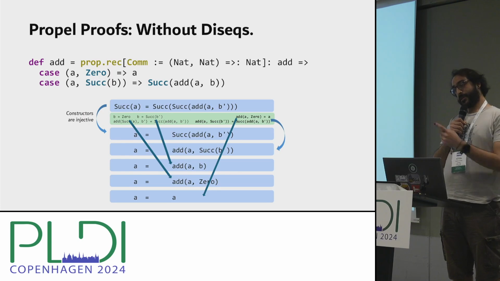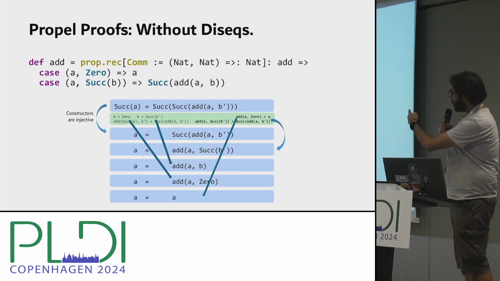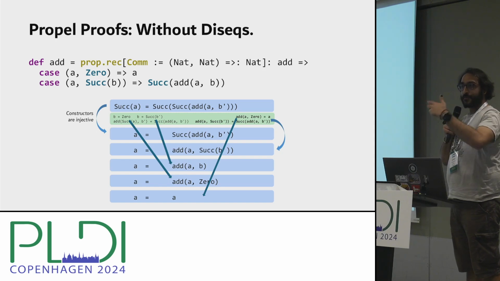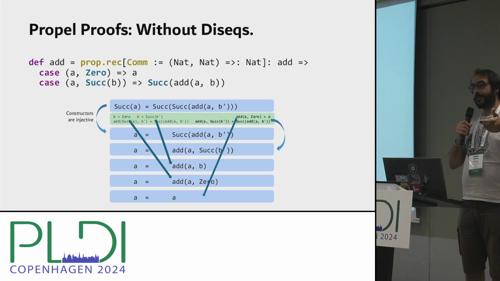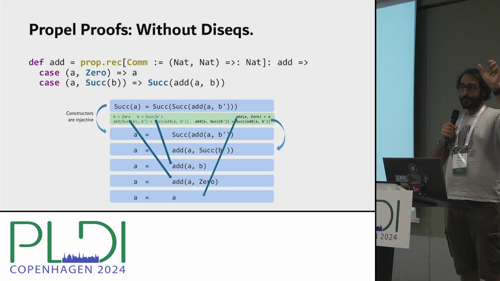No, so here the insight is that from a contradiction, B equals 0 and B is equal to successor... well, from a contradiction, anything follows, right? So you should be able to somehow construct a kind of reflexive term using this contradiction.